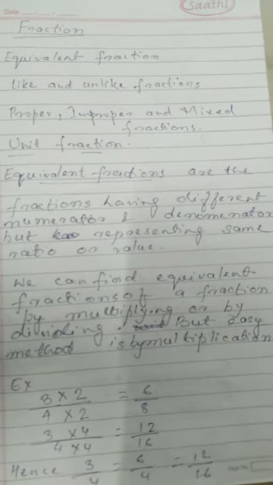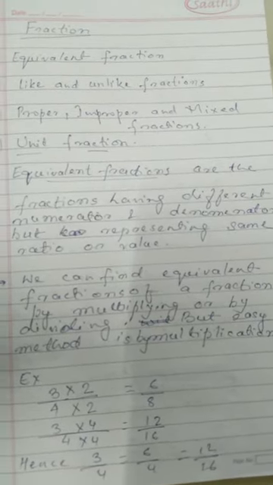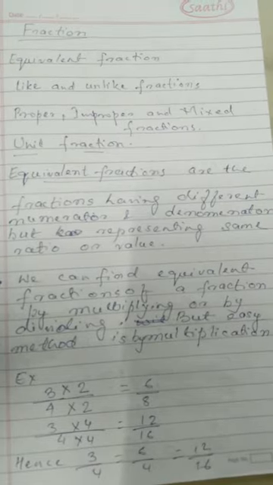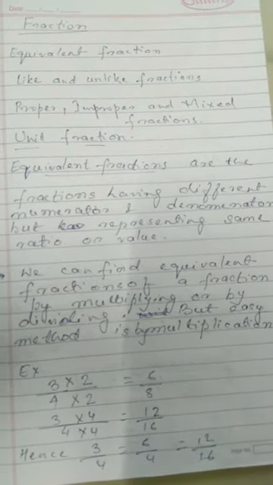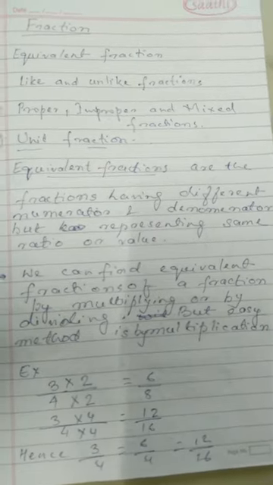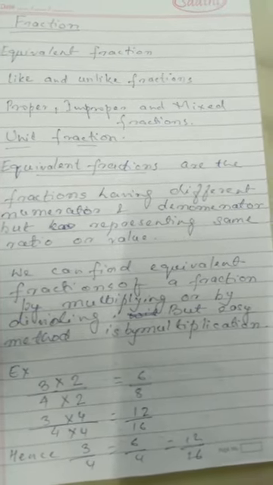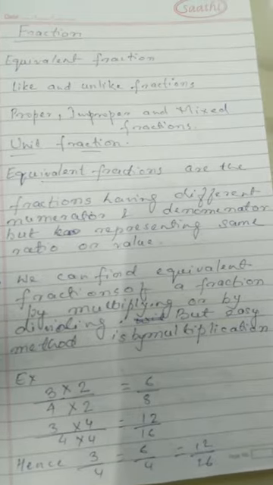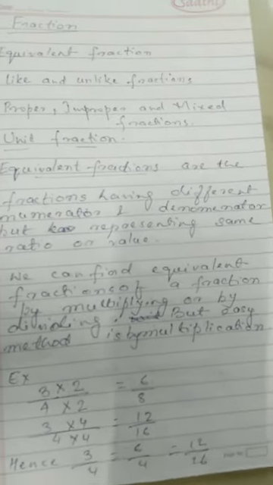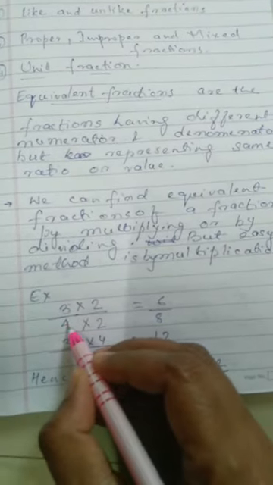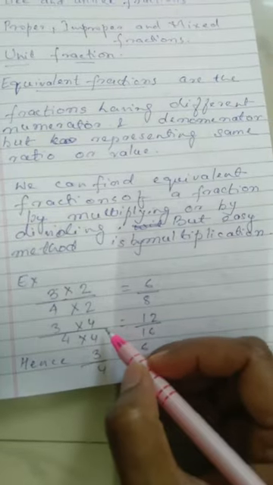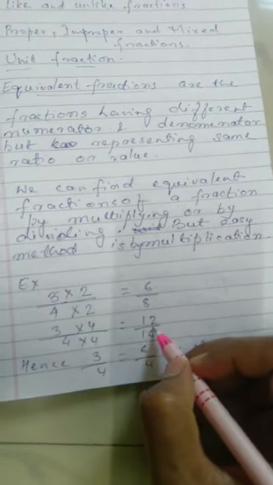We can find equivalent fraction of a fraction by multiplying or by dividing both, but the easy method is by multiplication. For example, for the equivalent fraction of 3 upon 4, we are finding two equivalent fractions.